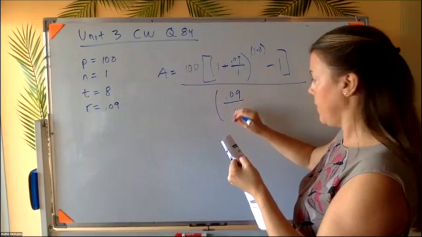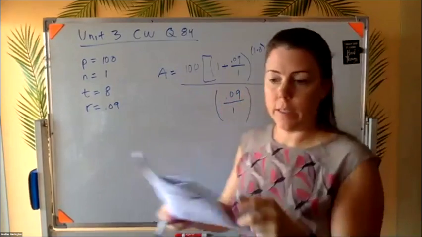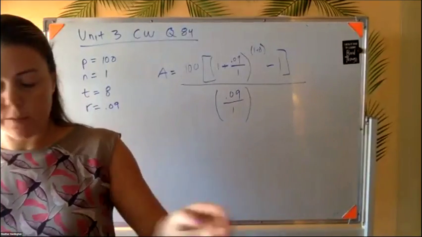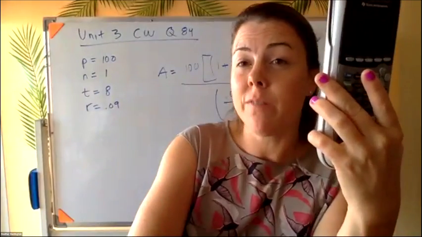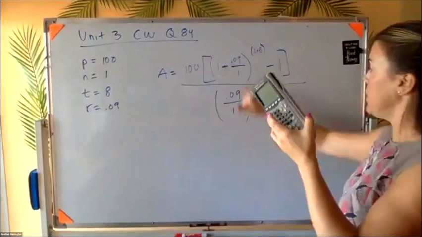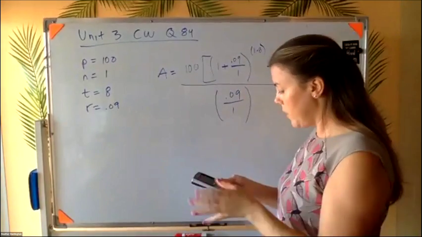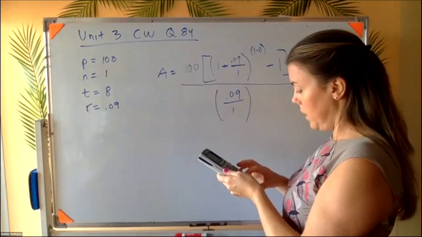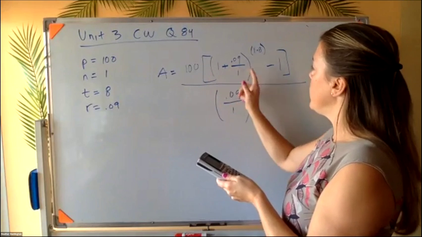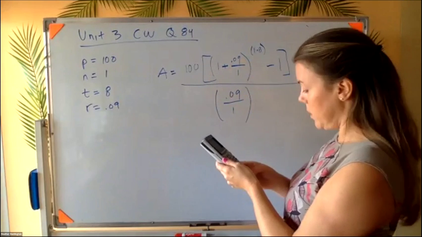0.09 over 1. Okay, and alert that there's a lot of room for error using the calculator. Not so much for this one because conveniently we're dividing by 1 in 2 places. And when you divide by 1, it doesn't change the formula, but make sure you do practice this.